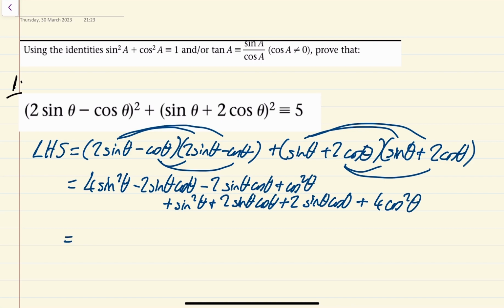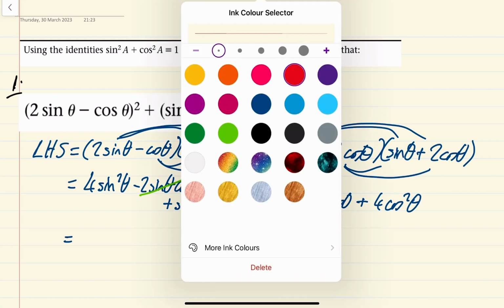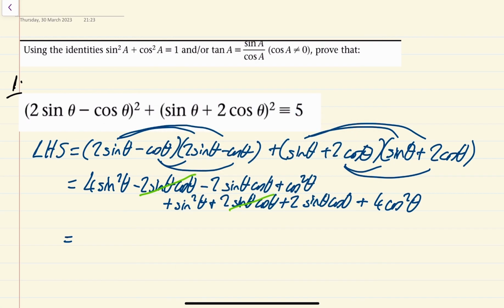Let's tidy it up. I'm just going to use the green pen here and see I've got a minus 2 sine theta cos theta and I have a plus 2 sine theta cos theta. They'll cancel out. Using the red then, you can see this minus 2 sine theta cos theta and this plus 2 sine theta cos theta will add together, or so will cancel out I should say.